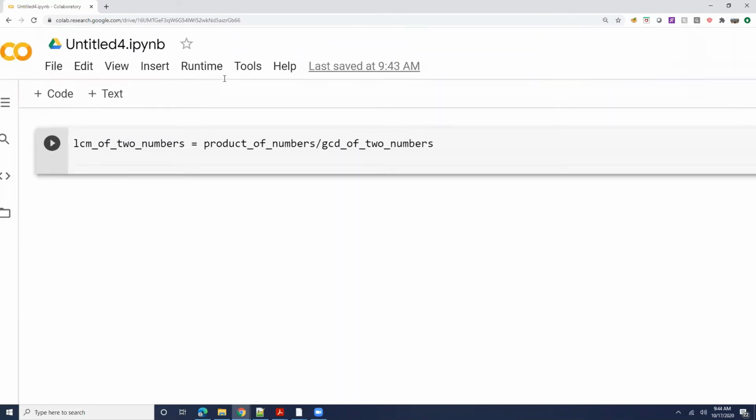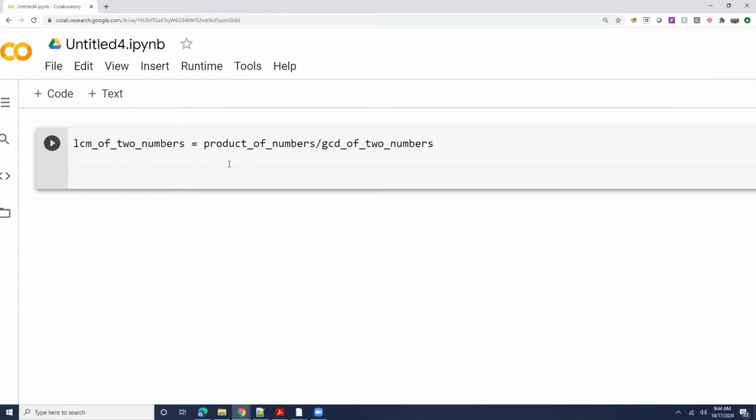Have you guys seen this trick ever, or have you used this? Comparing the numbers if both have factors. Yeah, definitely. There are other methods, like when you do in class, for example, for 3 and 7, you multiply them, you get 21.